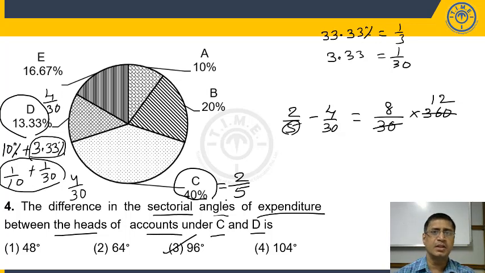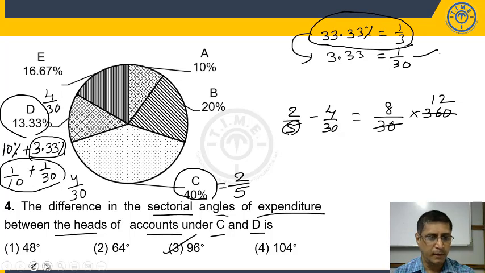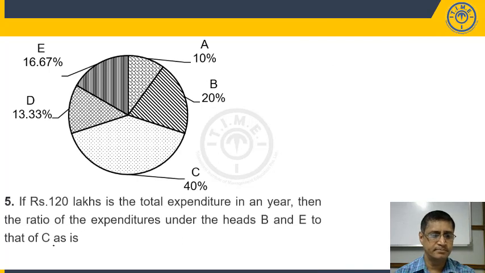Option number 3, the third choice, is the right answer. What we are doing here is converting 13.33 into a fractional value by splitting it as 10% and 3.33. We know the value of this, and we are finding the other one by using this as a base.